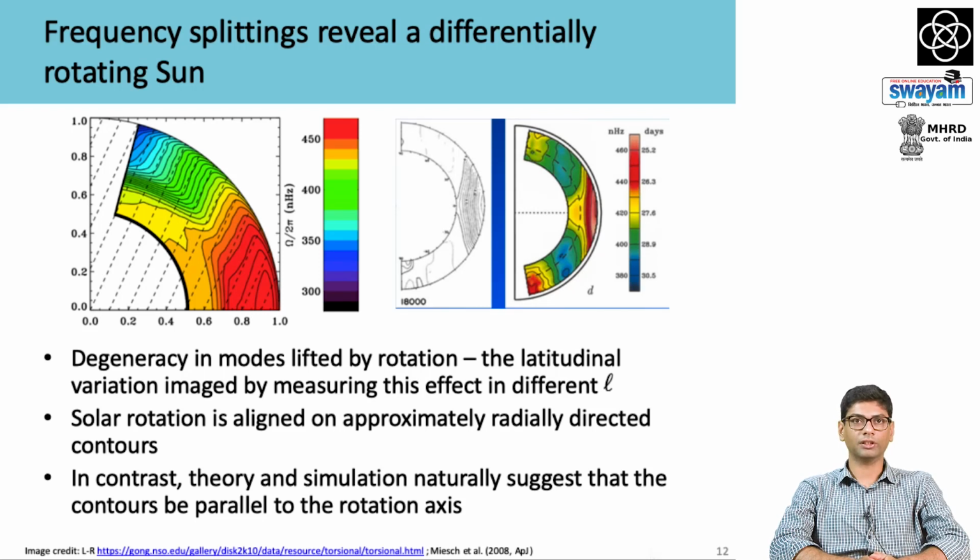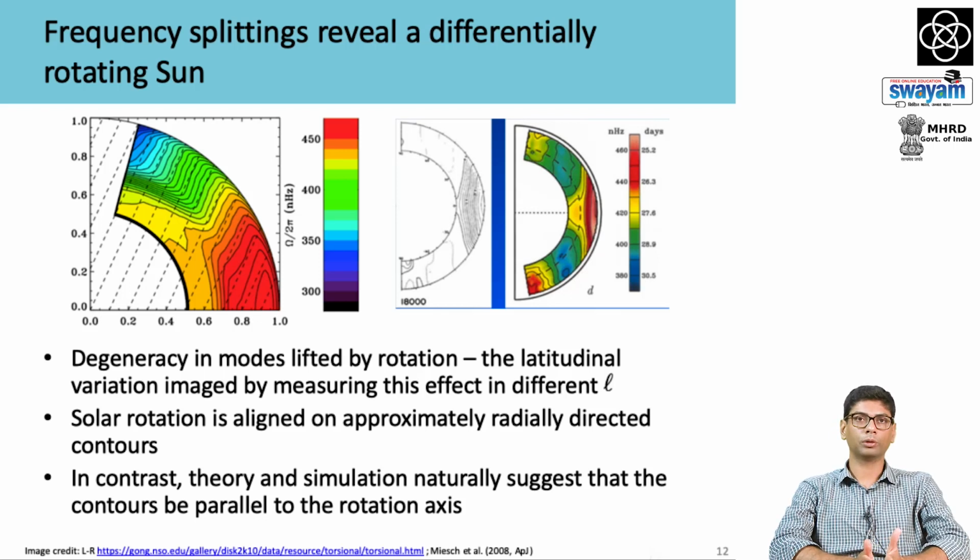But what's again interesting is, as you go towards the deep interior, let's say below 0.7, the rotation transitions to nearly solid body. So this is very interesting: you have a convection zone that is differentially rotating along isocontours aligned with the radius, but a deeper interior that is rotating like a ball, or a solid body.